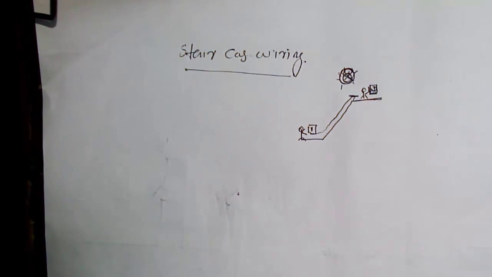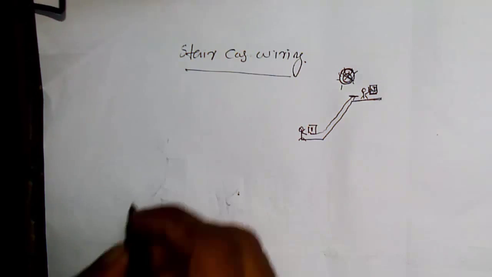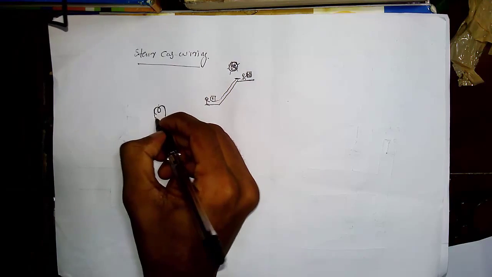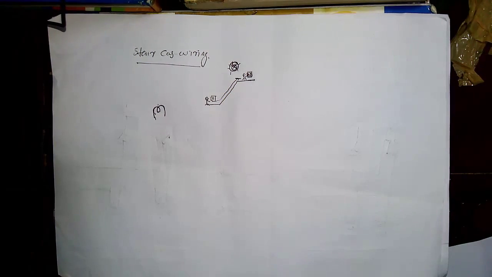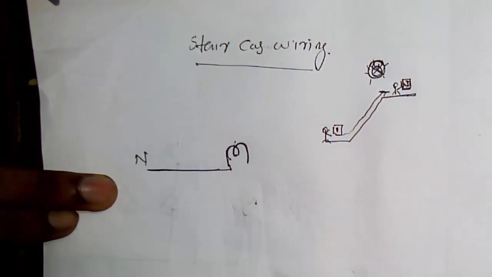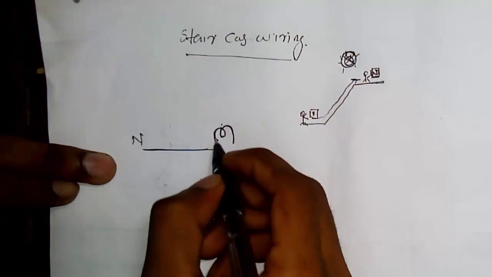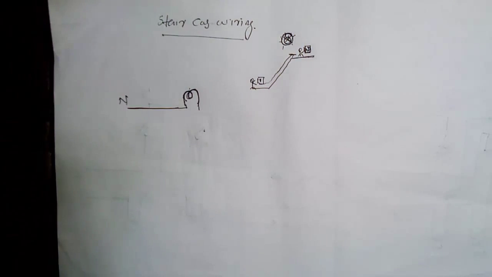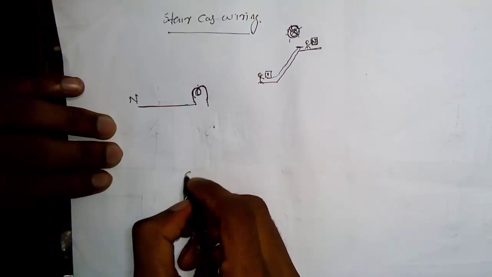Now I will explain this circuit. We have a single bulb here, and the neutral wire is connected to the neutral. One line is connected to neutral, and the other one is connected to the switches. We have two switches.